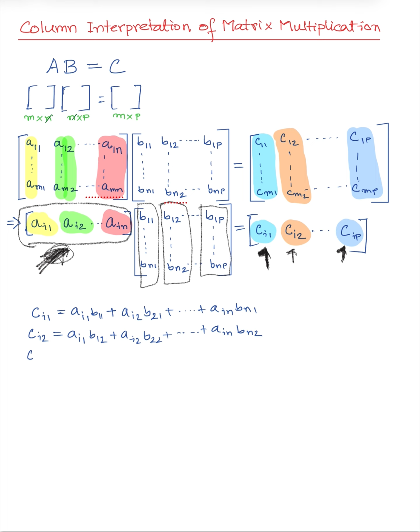So this is gonna be CIP equal to AI1 B1P plus AI2 B2P plus AIN BNP.